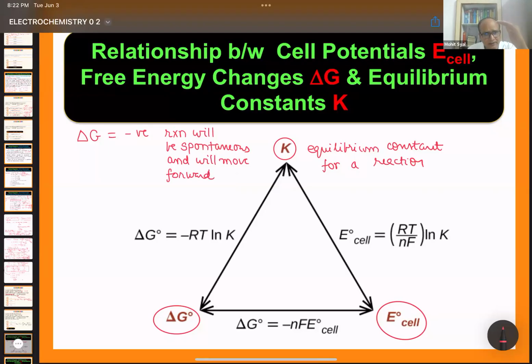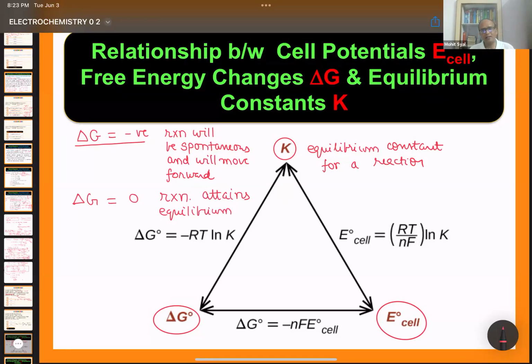So all electrochemical cells have spontaneous reactions, and the Gibbs free energy change for their reactions is negative. As the Gibbs free energy change approaches zero, the reaction will not proceed. The reaction attains equilibrium.